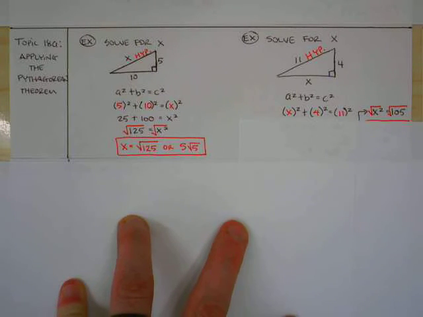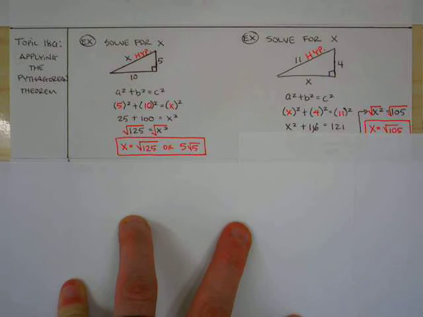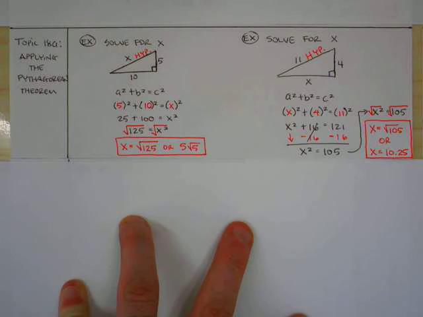x squared obviously is just going to be x squared. 4 squared gives you 16. 11 squared gives you 121. And we are next going to want to subtract 16 from both sides. And that's going to give us x squared equals 105.